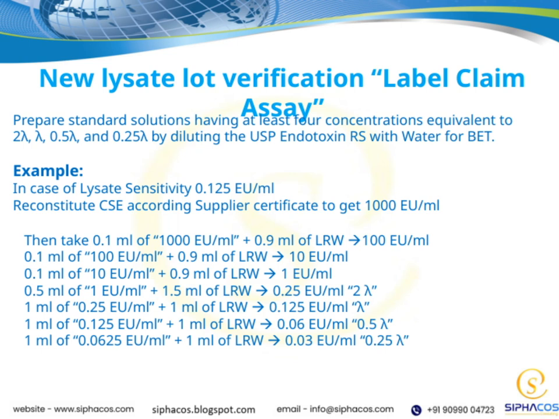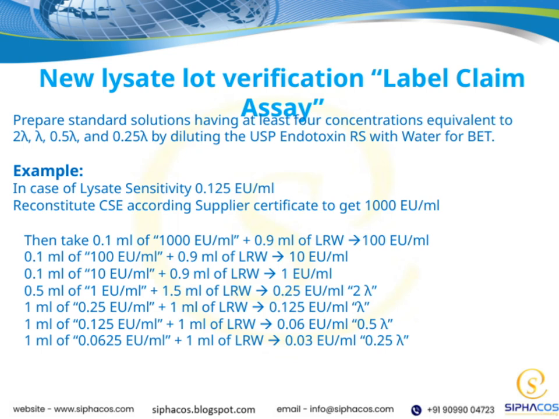Moving further, to prepare 0.25 EU per milliliter, we take 0.5 milliliters of the 1 EU per milliliter solution and add 1.5 milliliters of LRW, which gives us the 2 lambda concentration. For 0.125 EU per milliliter, we mix 1 milliliter of the 0.25 EU per milliliter solution with 1 milliliter of LRW.